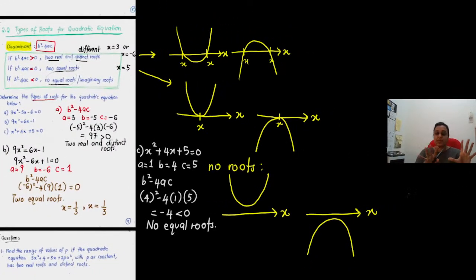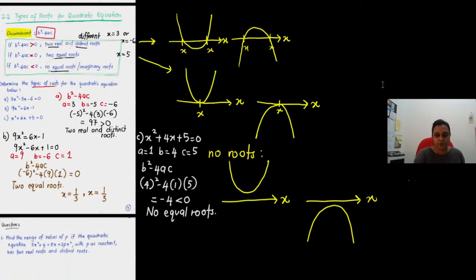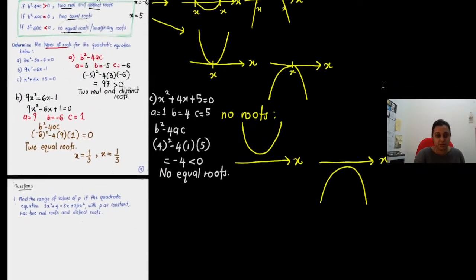I have seen in trial exams they give the shape only, then the student must identify whether it's distinct, equal, or no roots. Sometimes the question can be reversed: they give the graph, then they ask you the question. So just take this down.